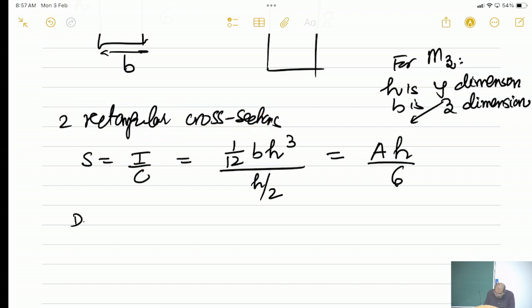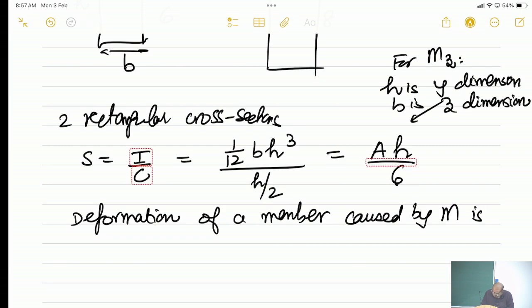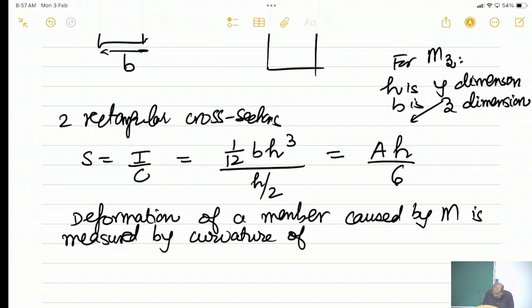Now, there is only one more thing we need to do, and then we will look at some problems or some more details. The deformation of a member caused by M can be measured by the curvature of the neutral surface.